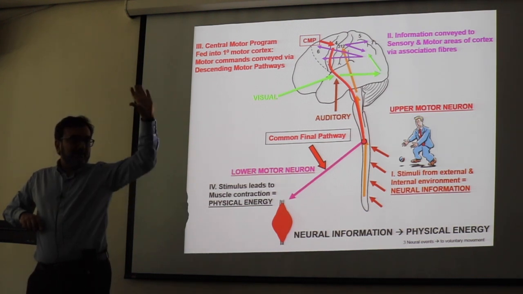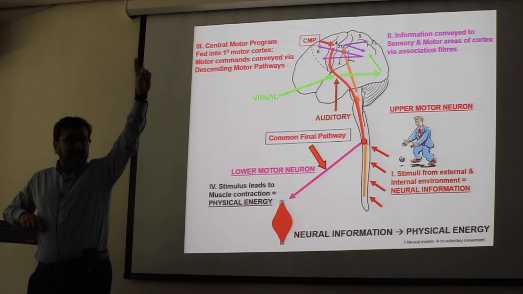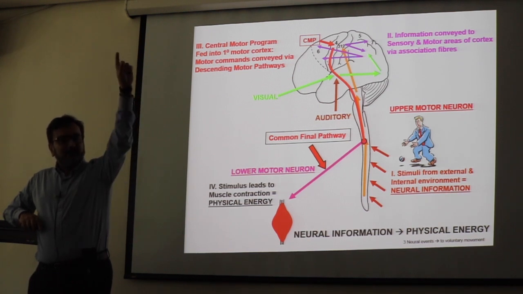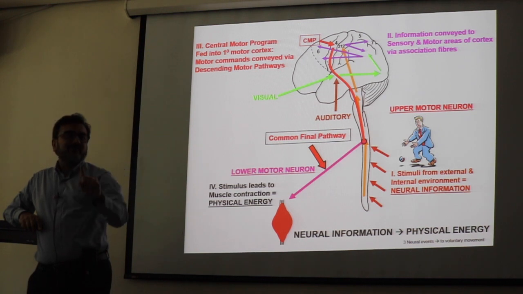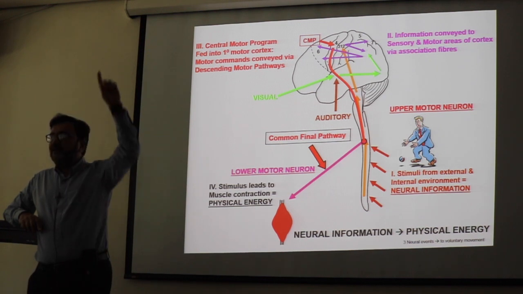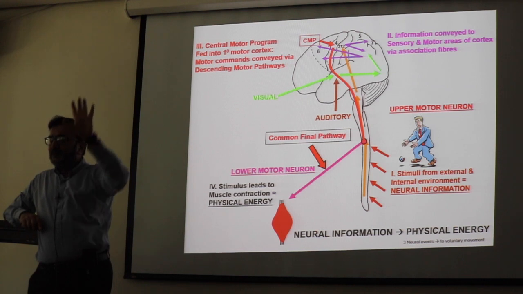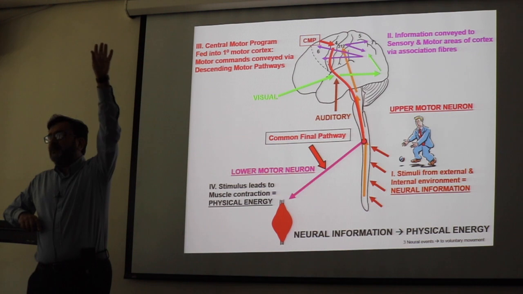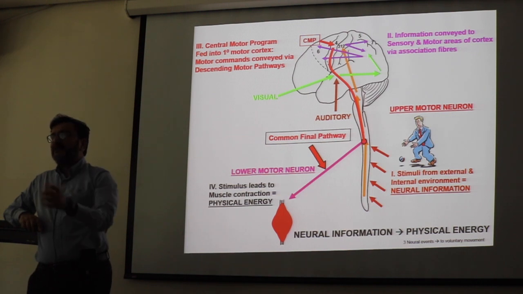Now the upper motor neuron is either coming from the cortex and going to the spinal cord, or it is coming from the cortex and going to the brainstem. Okay? So when it is coming from the cortex and going to the spinal cord, it is called corticospinal. When it is coming from cortex and going to the brainstem, it is also called bulb, so that's why it can be called corticobulbar.